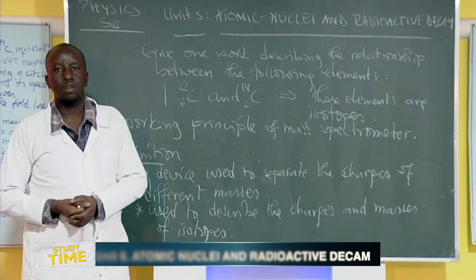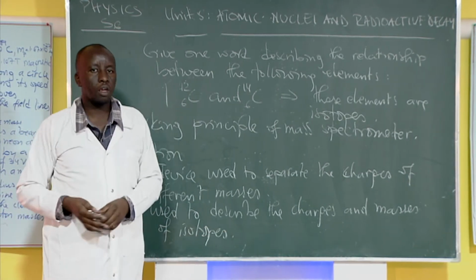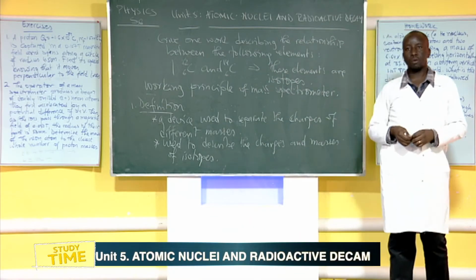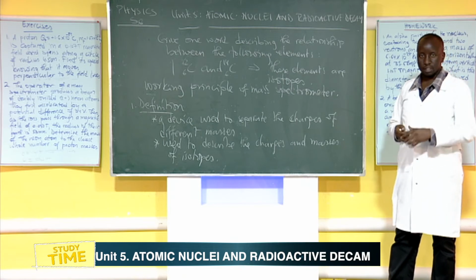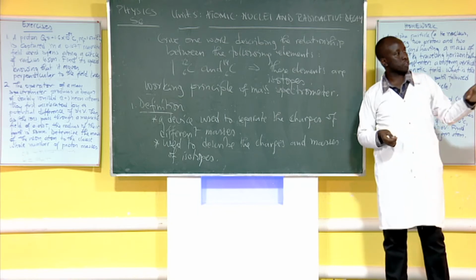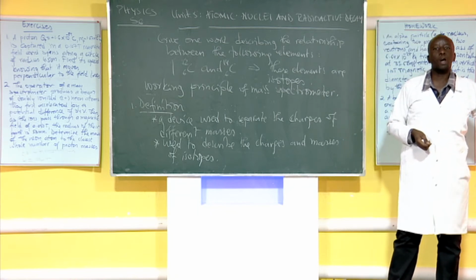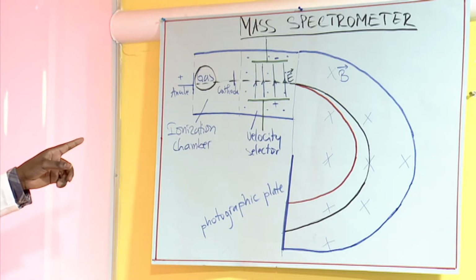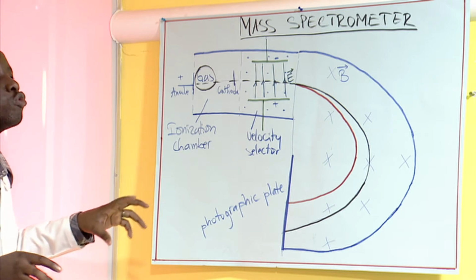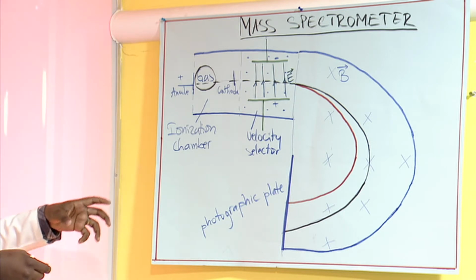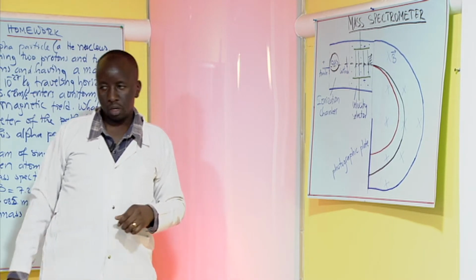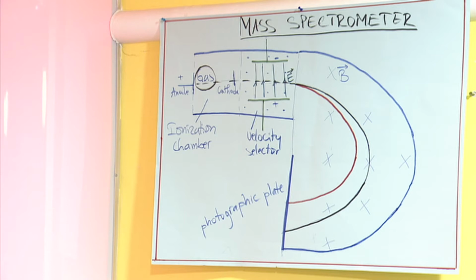Okay, students. So let's now have the explanation of how this mass spectrometer really works. First of all, we have a diagram. The diagram is similar to this one, but I'm going to explain how it is used to separate the two isotopes, or the masses of the isotopes.